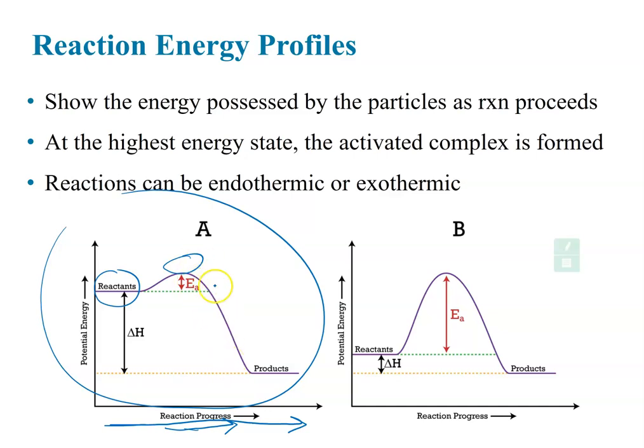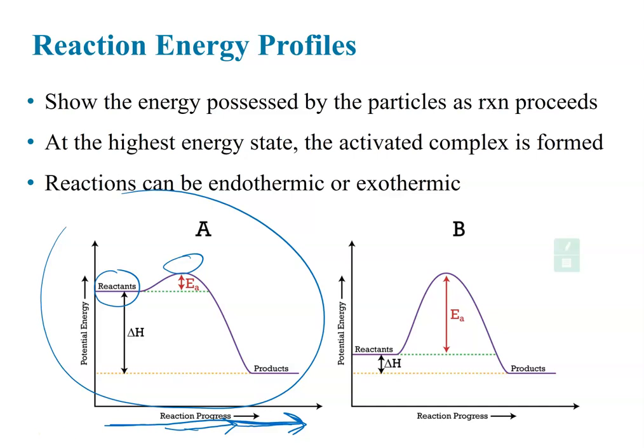And then we can progress on to products. The y-axis is potential energy. You've seen these graphs before with potential energy versus some x-axis. So let's look at a couple of different ways this can look.